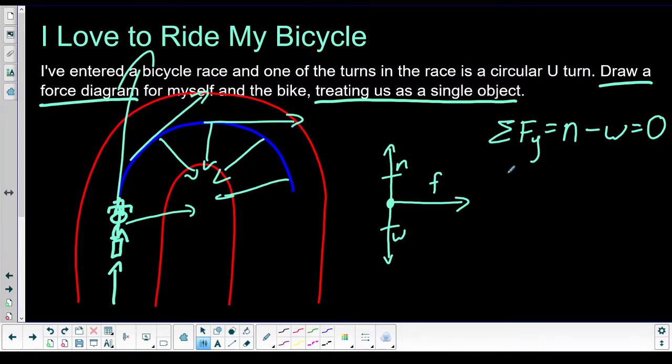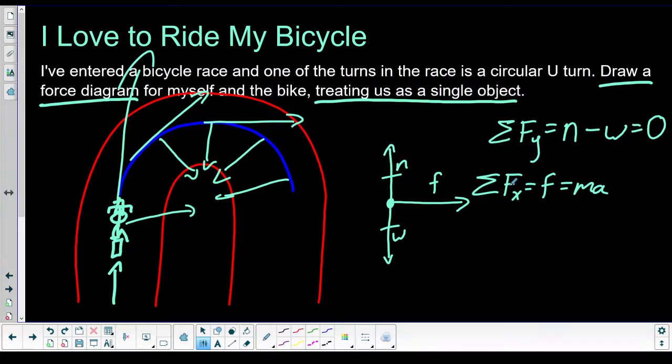In the horizontal direction, my sum of forces in the horizontal direction is just my friction. So we have only friction equals ma because it's unbalanced. Newton's second law says we're going to have an acceleration. So equals ma.